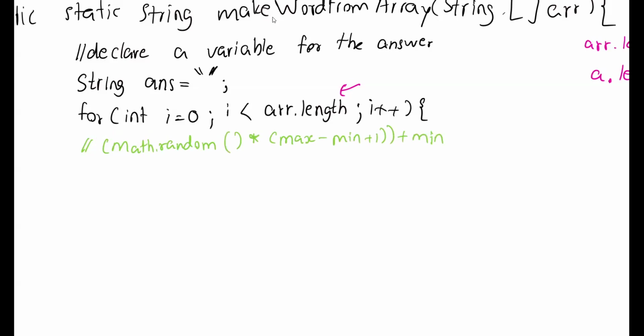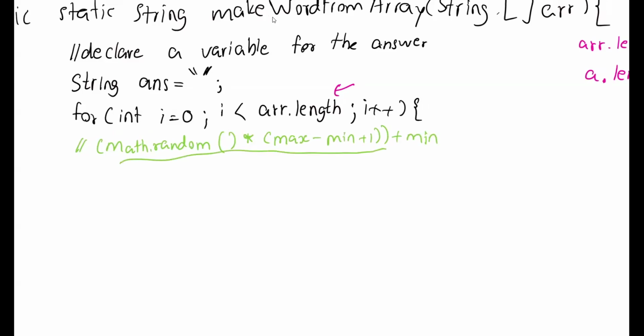First you multiply by max minus min plus 1, then you add the min, and then it will return a double. It won't return an integer value. It will return a double value. Even if it gives you a whole number, it will be like 5.0 or something like that.